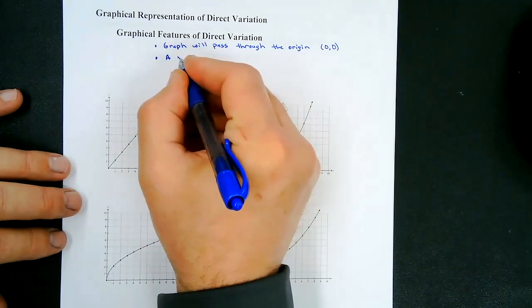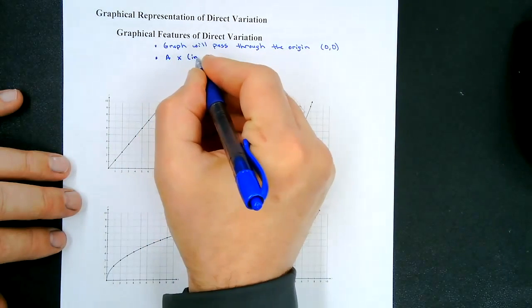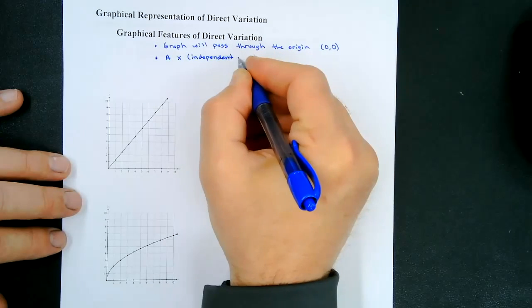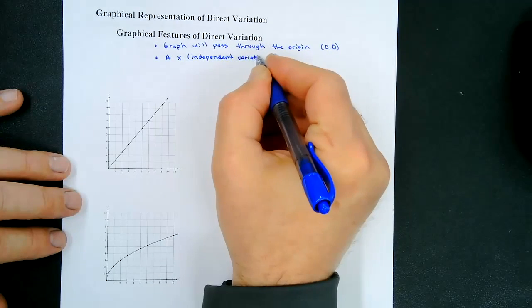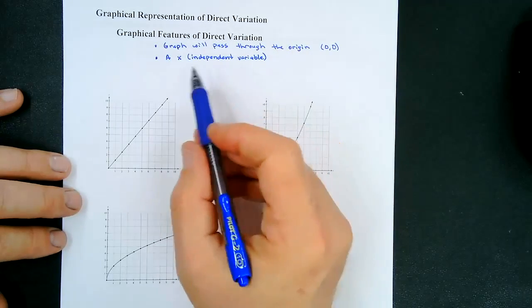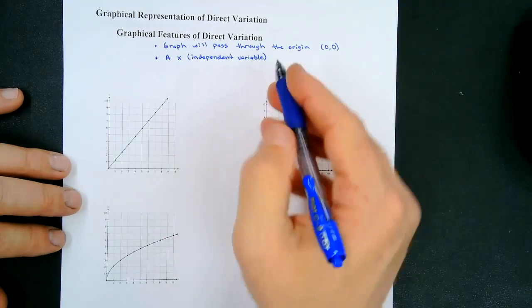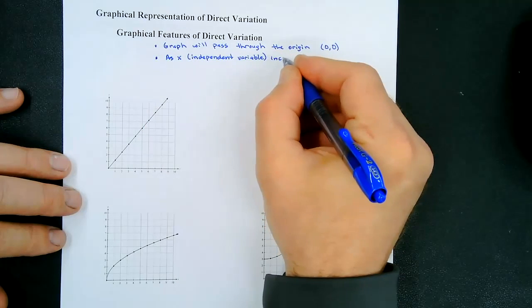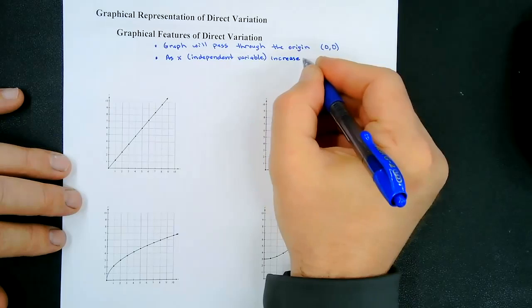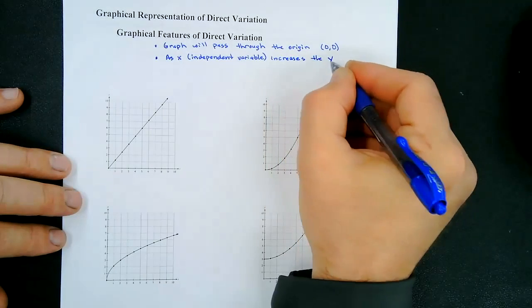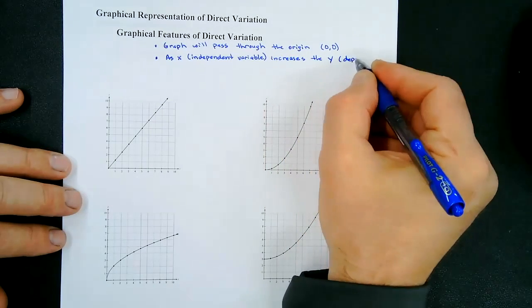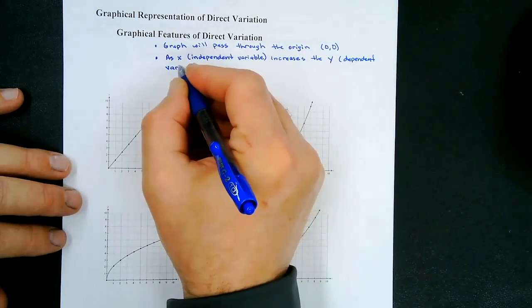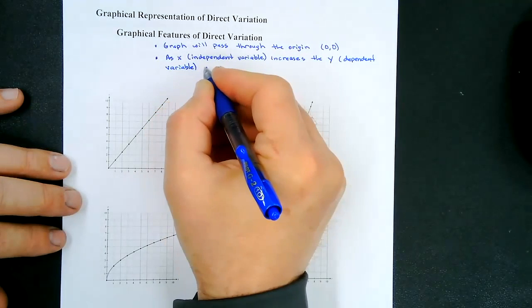So as x, which is also called the independent variable, okay? So as the independent variable, which in this case we're calling x, increases, the y or dependent variable also increases.